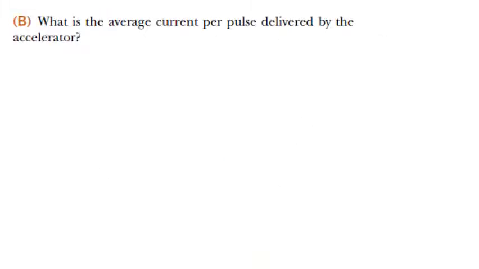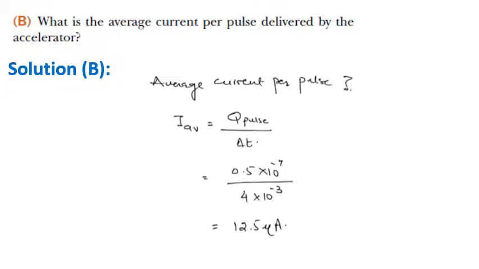In part B, we are to find the average current per pulse delivered by the accelerator.